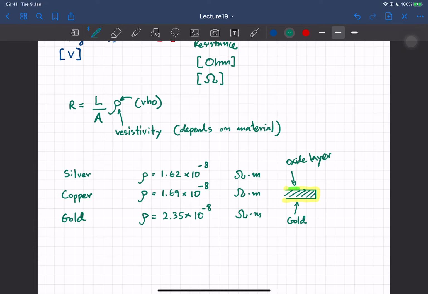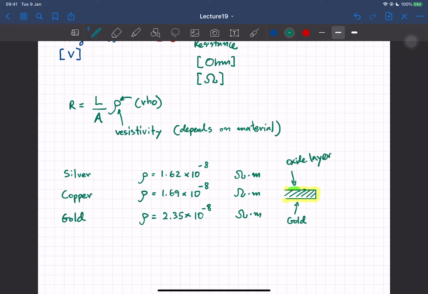So you're gonna have a good electrical connection all the time, right? So that's why we do gold plating at the connector. Again, not because it increases the conductivity, it actually makes it worse, but it's gonna make sure that you don't have the oxide layer.